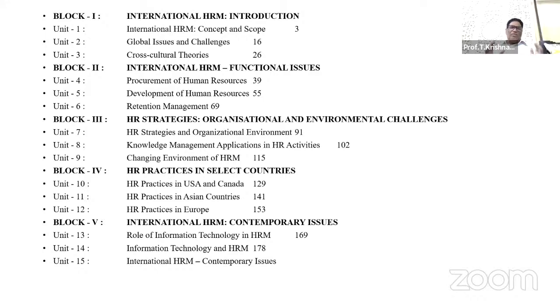And when I use the word MNCs, let us not be under the impression I am referring to foreign countries only. All of us know that today even our Indian companies have grown to that international level. Somebody was saying, I think if you can recollect, Friedman, I think the world is flat.